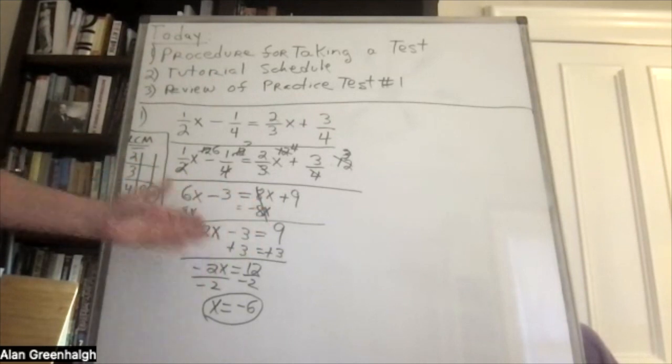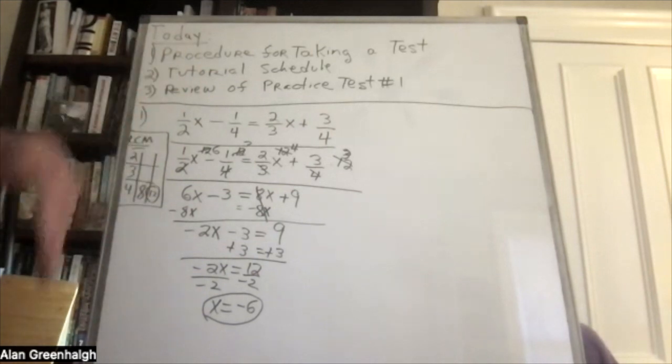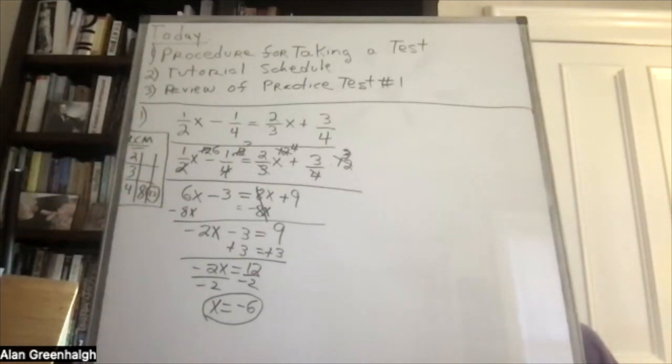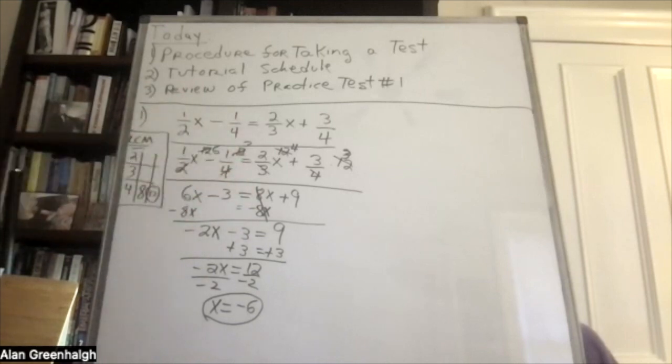Okay, what's your question, Fama? So when I solve for x, I found -6, but I don't remove the same number from the left to the right. I just take the number to the right or the left. That's fine, that's fine.